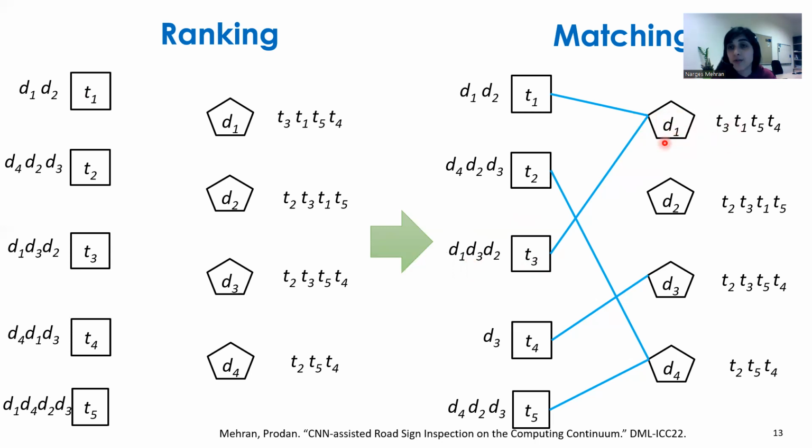So if you observe, D1 has been matched to two options that it has selected from its preferences. It also happens for the other devices. D2 does not get any task because the tasks prefer other resources than D2, unfortunately. But at the end, because all the tasks have been matched to devices in this computing continuum, the application will start its execution.